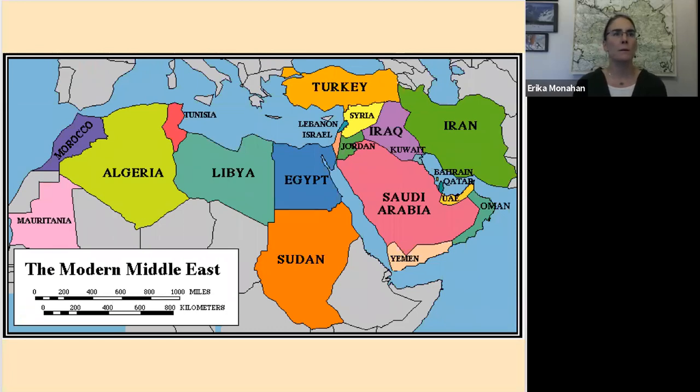And this map shows us the modern Middle East, or the not West. Well, immediately you'll recognize that many of the places in the modern Middle East, that is, places that are technologically advanced and not part of the West, are actually west of parts of Europe that are farther east than part of the Middle East.